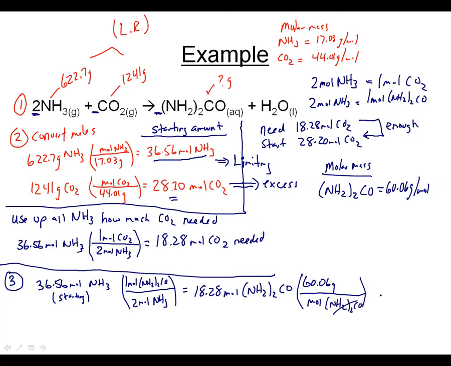The moles will cancel, and that will get us 60.06 times 18.28, about 1,098 grams of our product would be produced. And this again would be our theoretical yield.